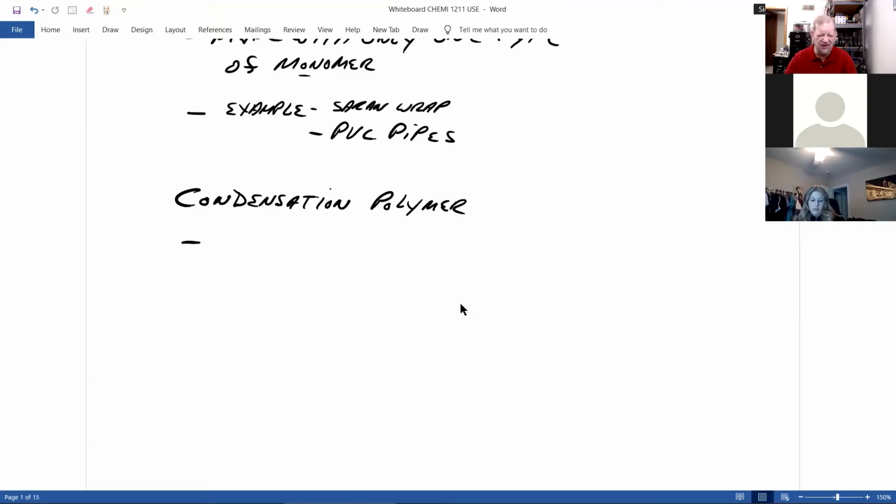And here, the key difference is the number of different monomers. I should have put two or more, but usually it's just two.